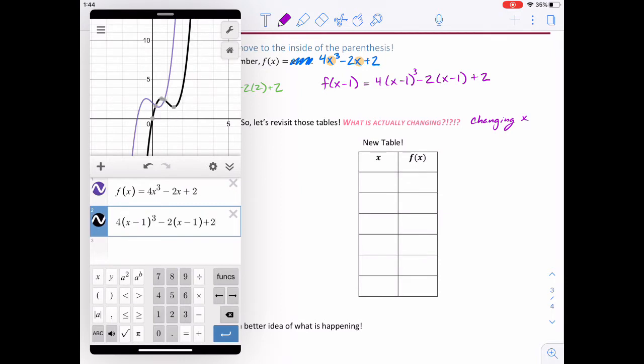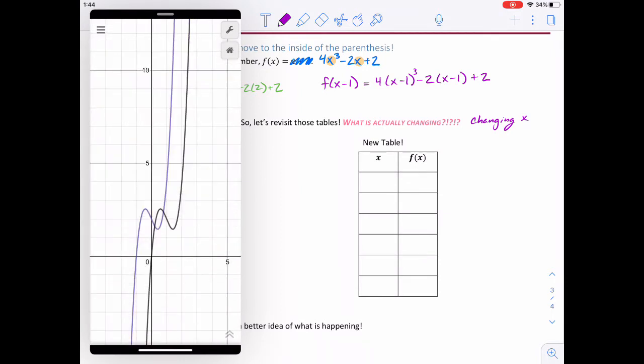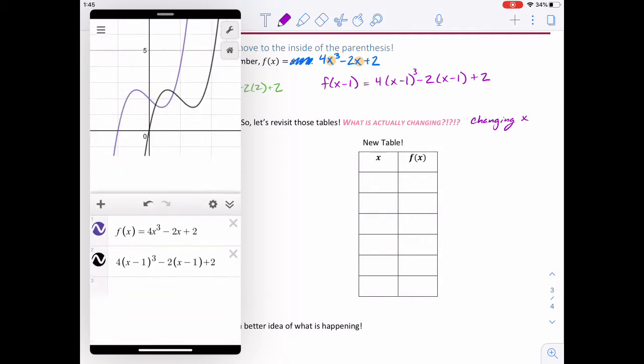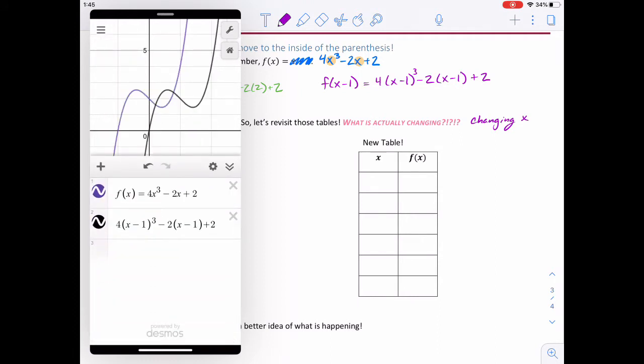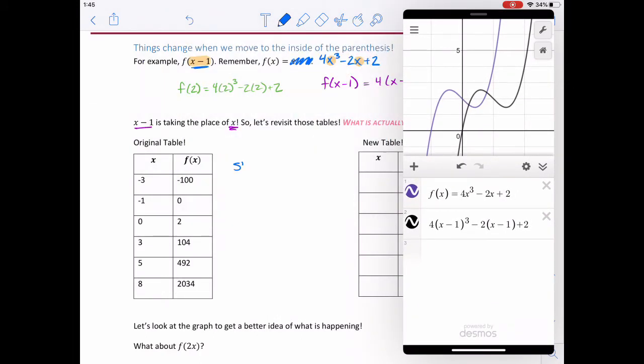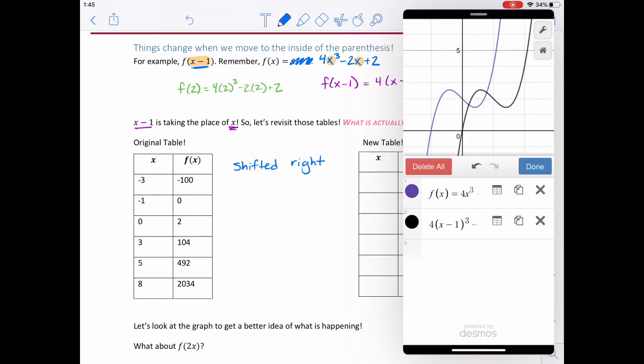And so let's look at what's going on just by looking at the graph. So they look pretty much identical, except our new graph, which is our black graph, has been shifted to the right. So what we're seeing is we've shifted to the right. So let's make a table.